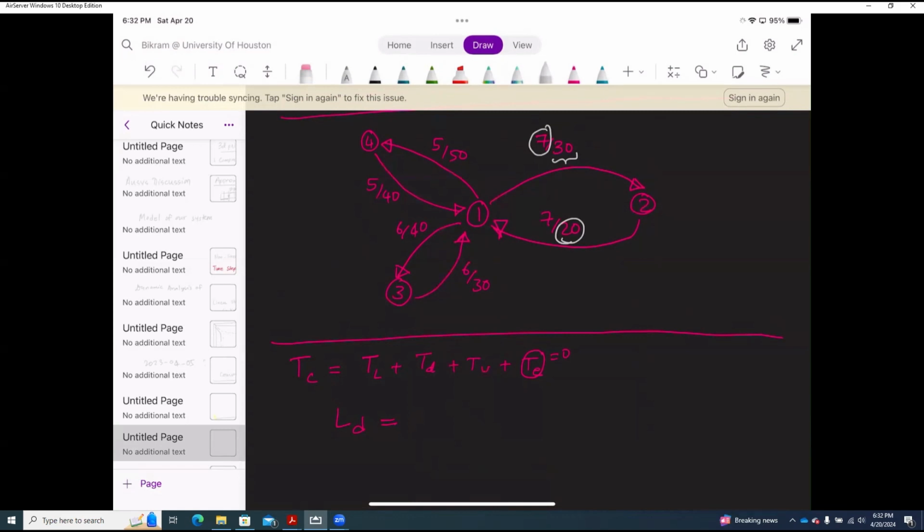Going to station 2 from station 1, it travels 30 meters, and when it returns back, it travels another 20 meters. So a total of 50 meters, and each of the 7 parts travels this 50 meters.